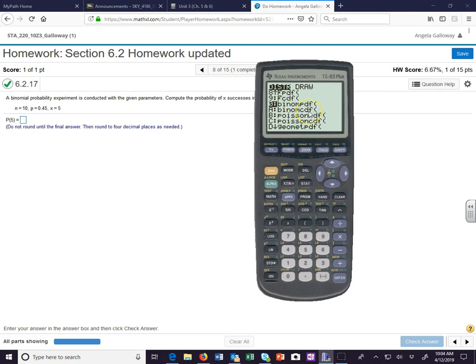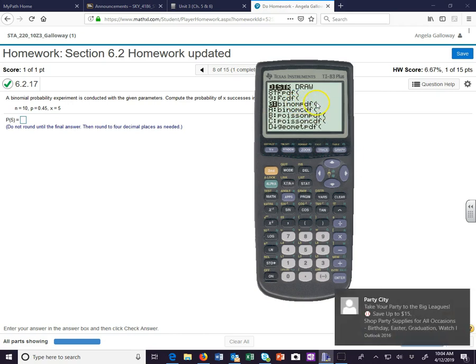The CDF is for cumulative. When you put in a value, it adds up the probability from 0 up to that value, so it does a less than or equal to. If you have an x less than or equal to, use the CDF. If you have an equal to, you use the PDF.